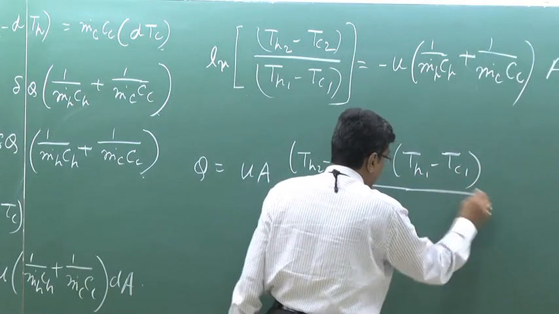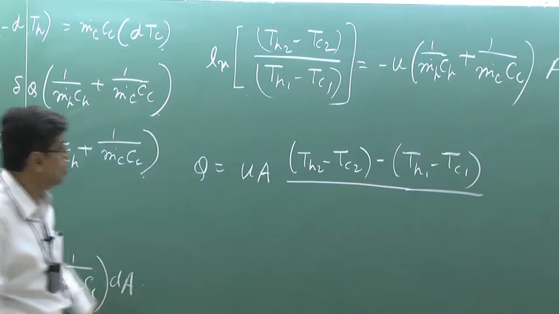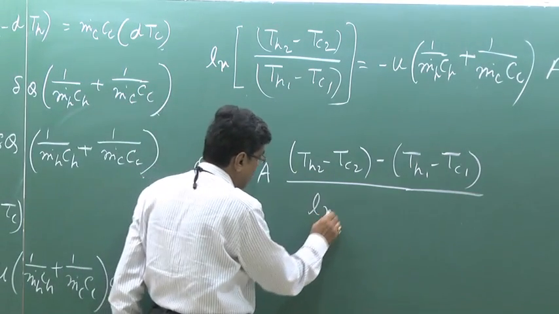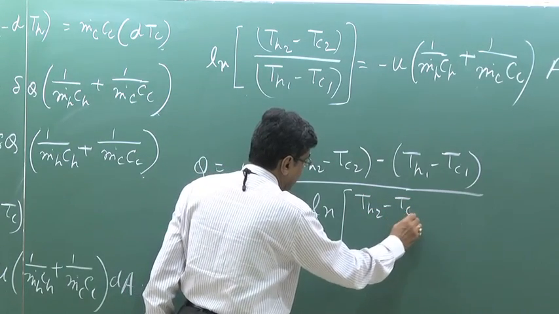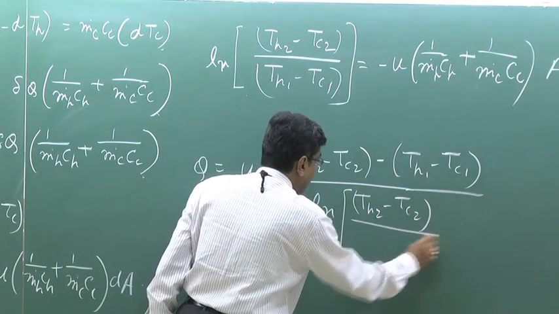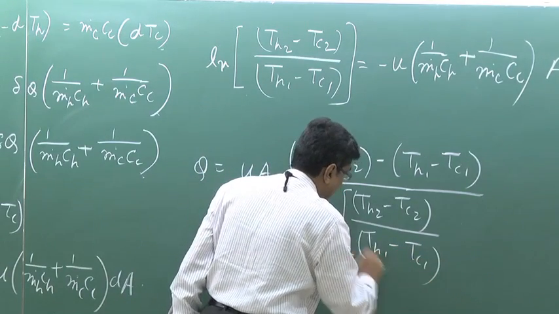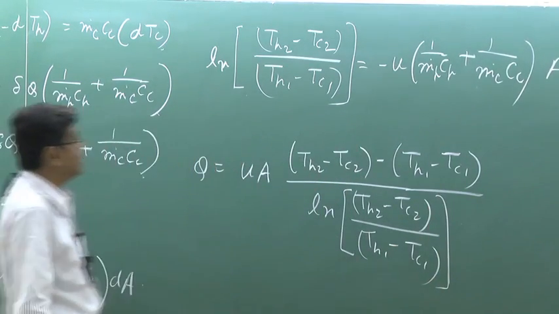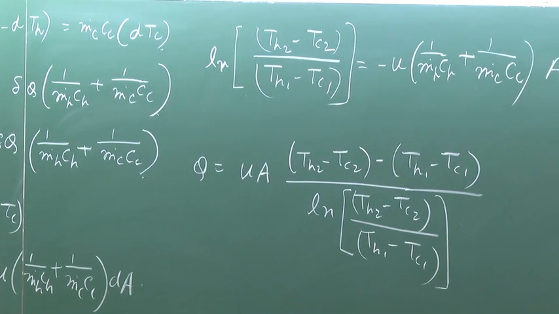I am not unnecessarily wasting time doing this. Automatically you will get this if you substitute 1 by m dot H CH plus 1 by m dot C CC in terms of Q from here.